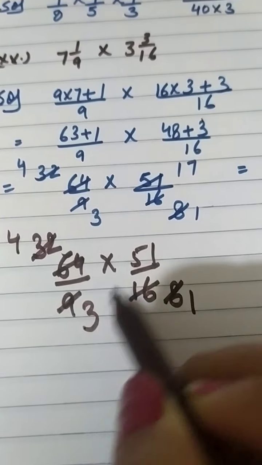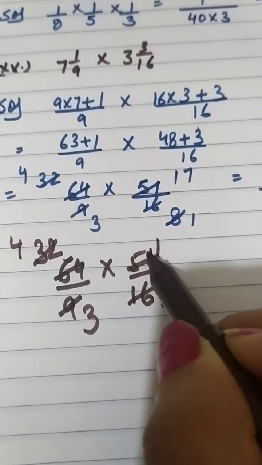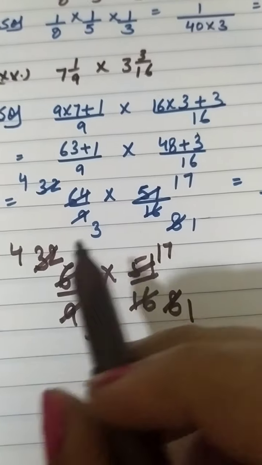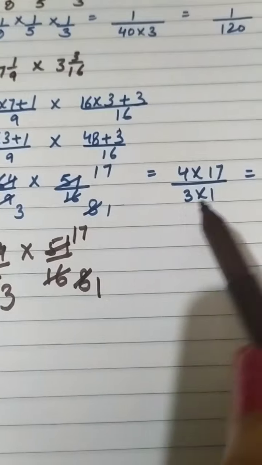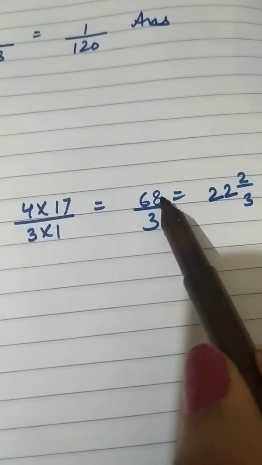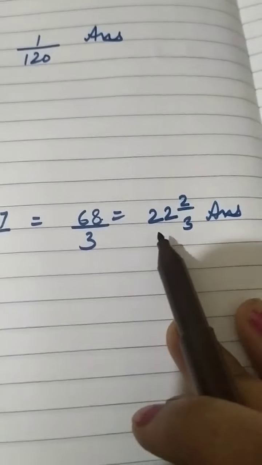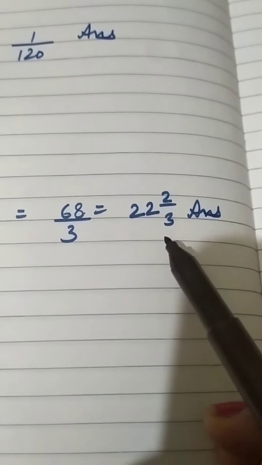So 3 3s are 9, 3 1s are 3, from 5 minus 3 is 2, it will be 21, then 3 7s are 21. Then what is left? 4 into 17 and 3 into 1, that is 68 upon 3. After converting into a mixed fraction, we got 22 whole 2 upon 3.